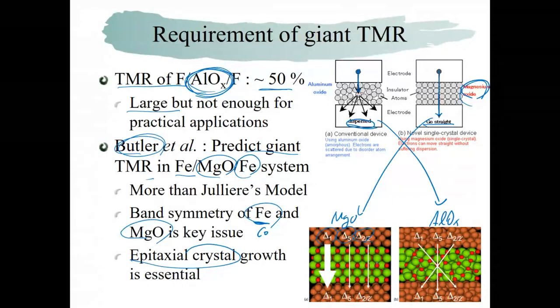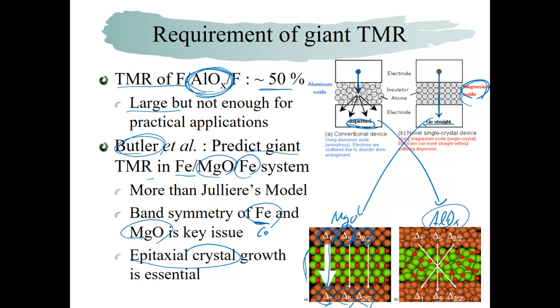In the MgO structure, this is the perfect crystal, so the momentum of the electron can be conserved during the tunneling procedure. So the delta 1 band tunnels to the delta 1 band, delta 5 to delta 5, and delta 2 and 2 prime to delta 2 and 2 prime.